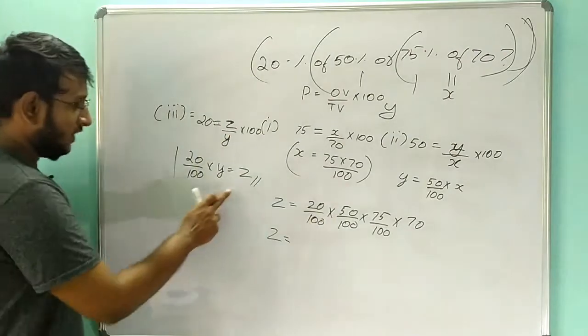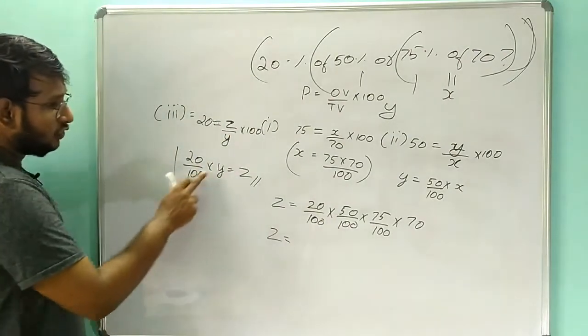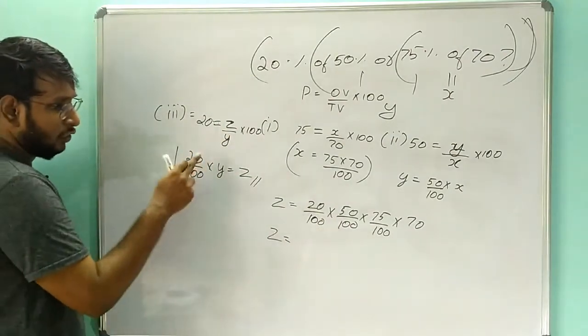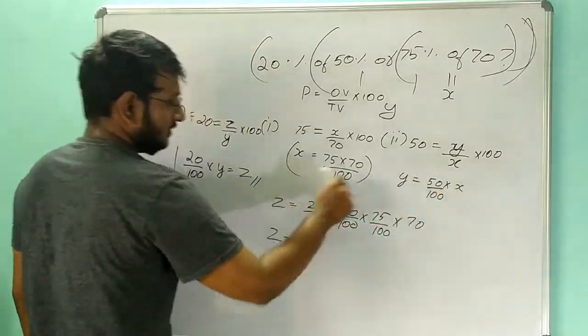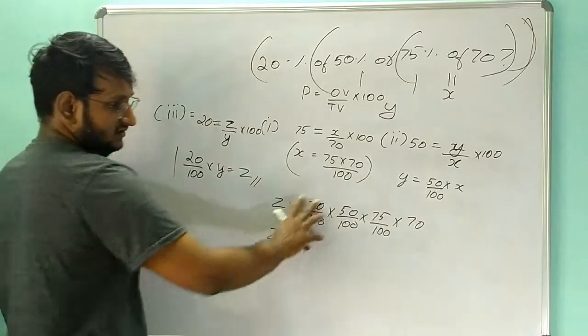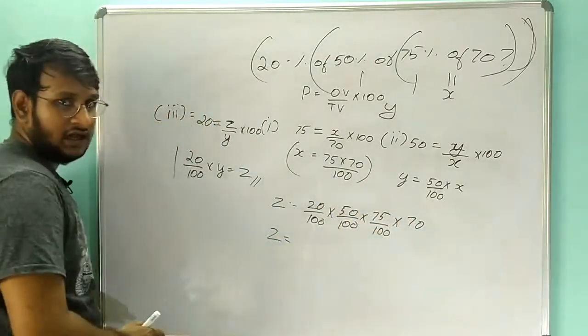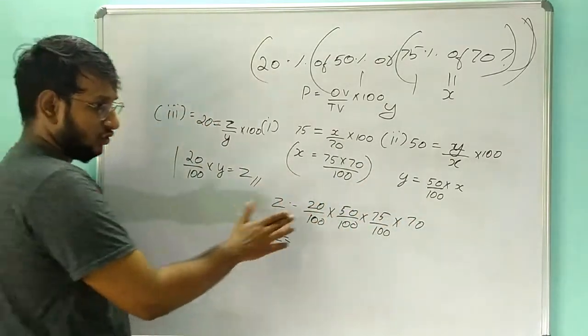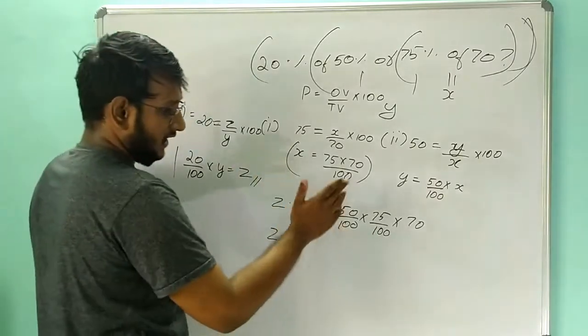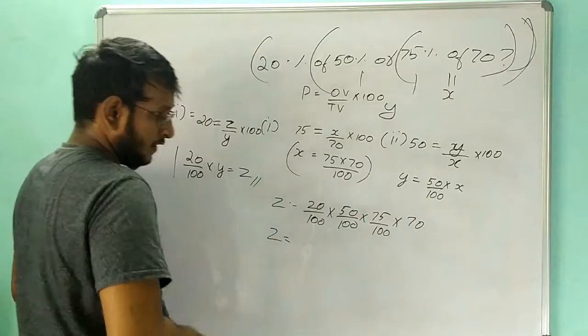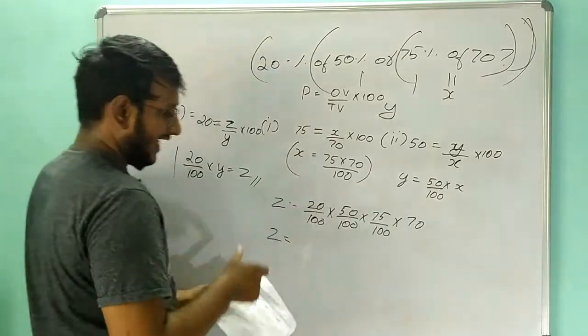So that is z, okay? Now z is equal to 20 divided by 100 into y. I know the y value, that is this, and I know the x value as well. Now I am substituting this, I am getting this equation, that is z is equal to 20 divided by 100 into 50 divided by 100 into 75 divided by 100 into 70, okay? So this is what we are going to do. We are going to calculate now.